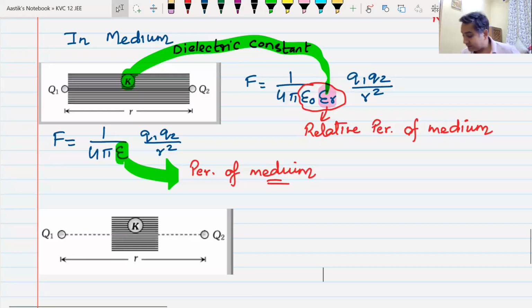The case is like this. The complete space between the particles is not filled up. It's not of this medium. We only have a small space in between these two of thickness t.